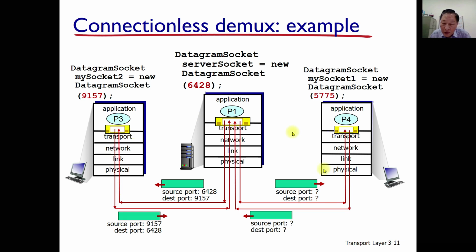Similarly, even though it is not described here, there is a source port number here and a destination port number here, and in the reverse way, a source port number here and a destination port number here. But the main thing to focus on is that even though they are from different clients, they are using the same socket in this server.